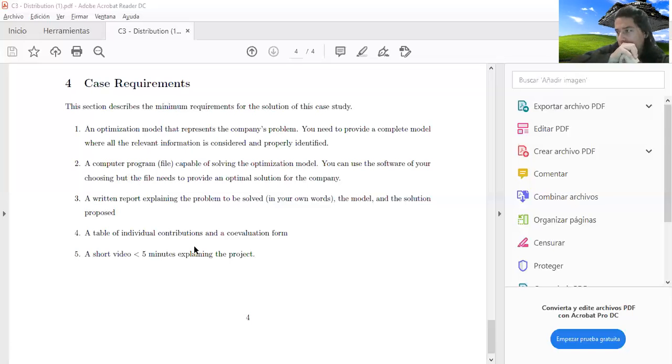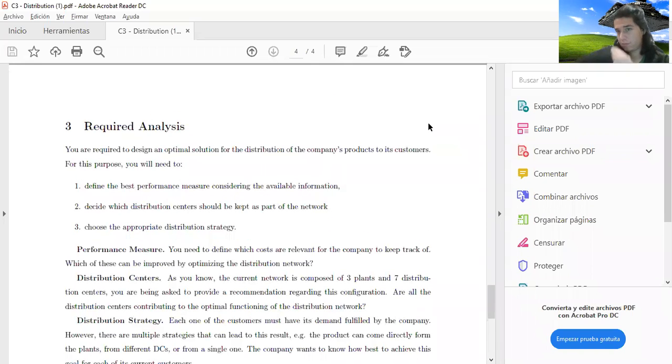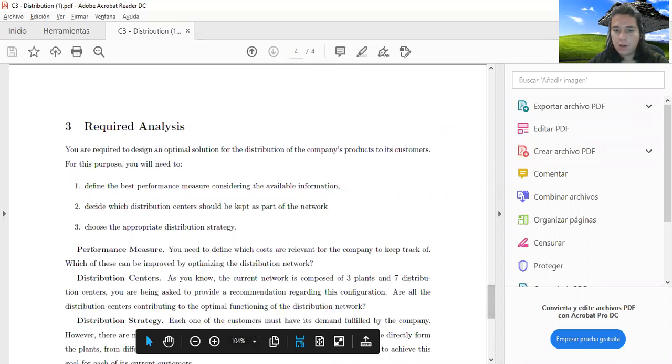This was important because the company needs to know if it is using the correct network channel, and if any of the distribution centers are slacking off and would not really work.